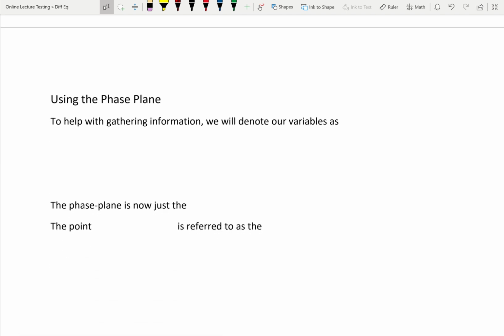To help gather information, we're going to denote our variables a little bit differently. So instead of using y1 and y2, we're just going to simply go with x of t, that's going to be our y1, and y of t, this will be y2. So then that way, we look at this as x prime is equal to f of x,y, and y prime is equal to g of x,y.